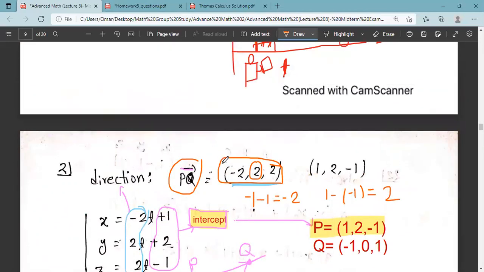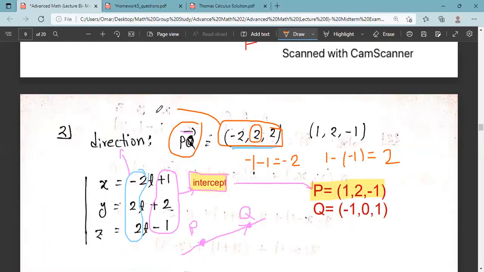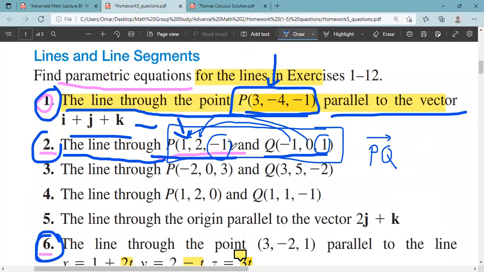So we know that we have to put this direction here. This direction will be the coefficient of our variable. That's why I have written here x equal to minus 2t, y equal to 2t, and z equal to 2t. And then our first point.